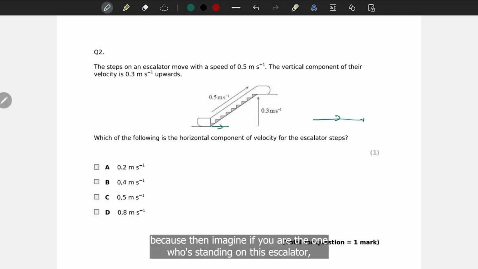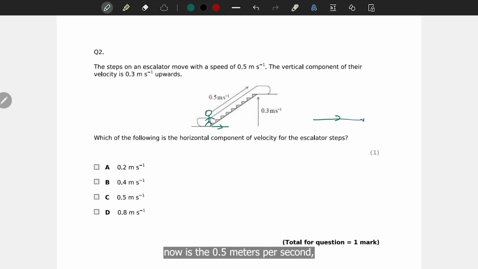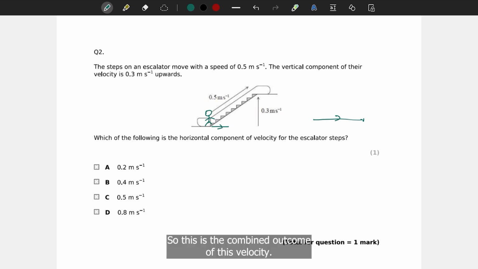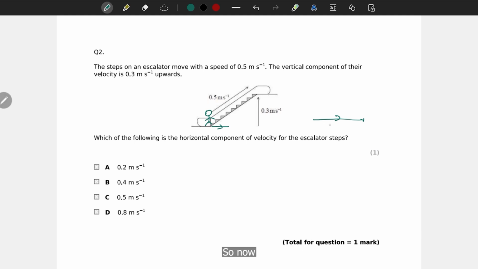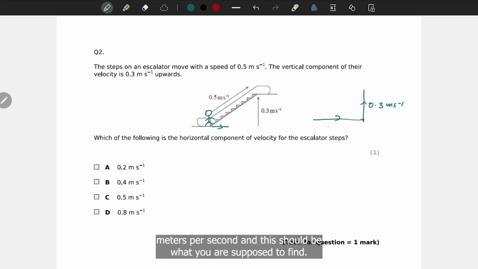Because imagine if you are the one standing on this escalator, this is what you feel. The velocity what you feel now is this 0.5 meters per second, right? So this is the combined outcome of this velocity. So now you should be smart enough to figure out that this is 0.3 meters per second, and this should be what you are supposed to find.